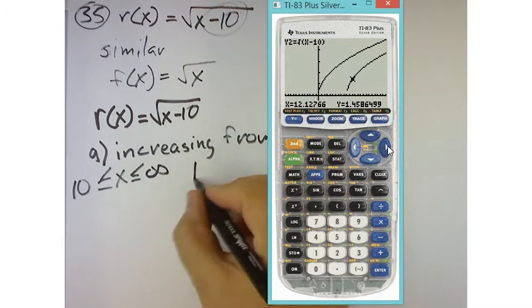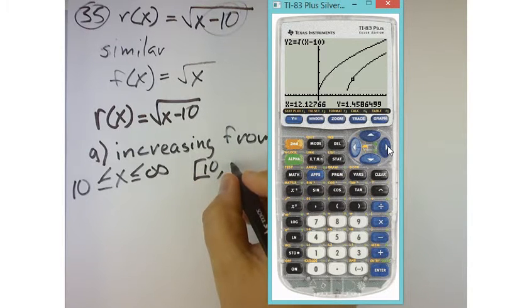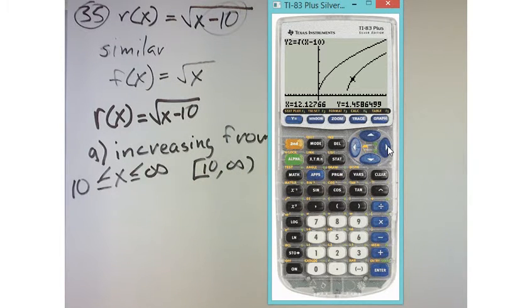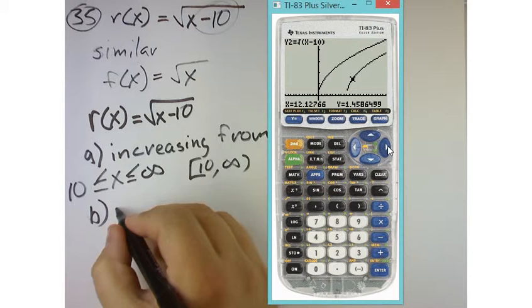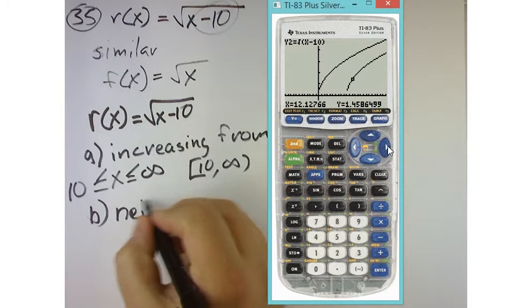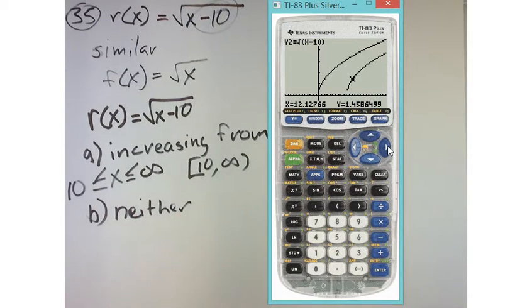Another way we could write that is 10 comma infinity. And it's just increasing. It never decreases at all. Is it odd or even or neither? This is neither. It's neither odd nor even.